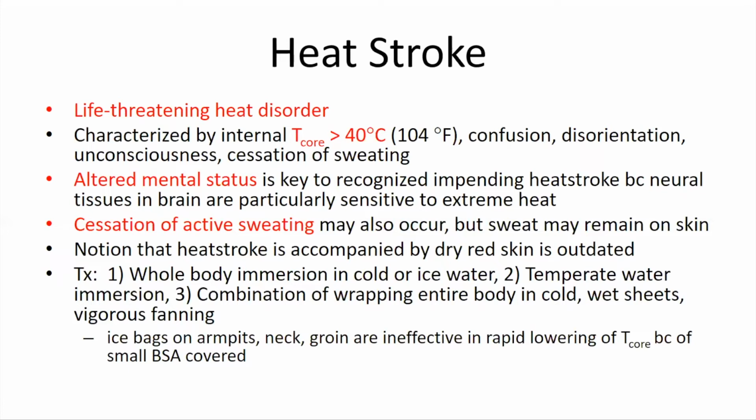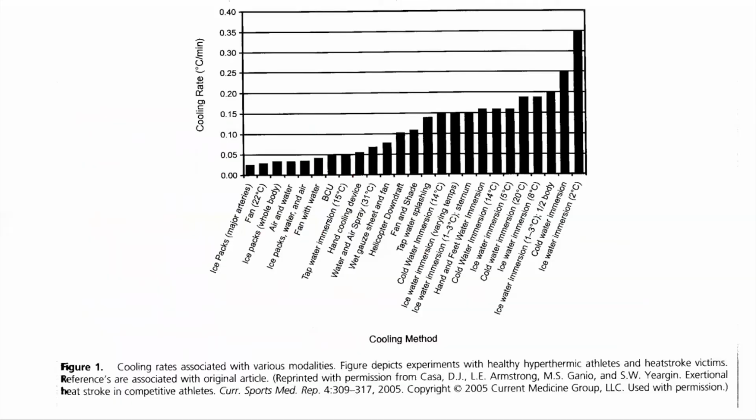Ice packs on local areas such as the armpits, neck, and groin are ineffective in lowering core body temperature because of the small region that it's affecting, and also applying a cold pack to the skin would cause those arterioles to vasoconstrict because they're being exposed to cold. And when we're trying to dissipate heat, we need those arterioles to open up. So that is the reason why local ice packs at different regions on the body are ineffective in the treatment of heat stroke.